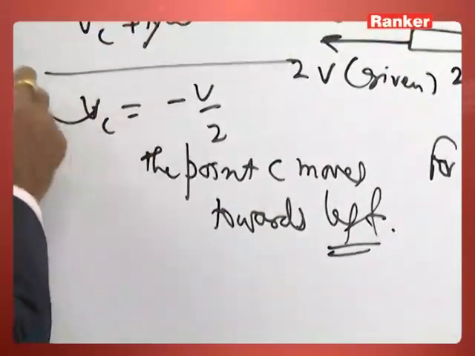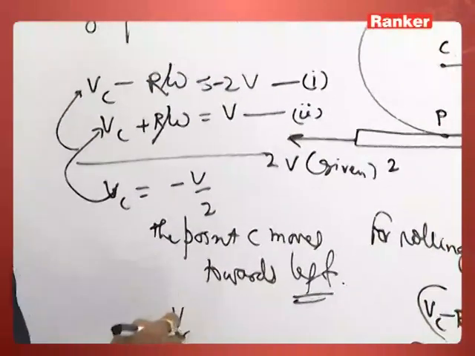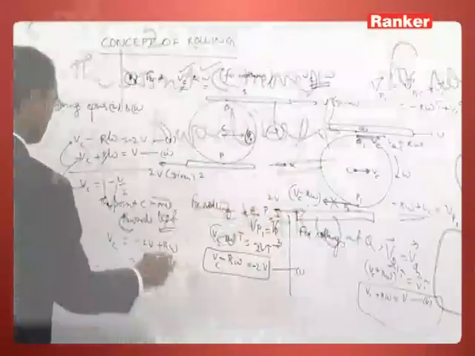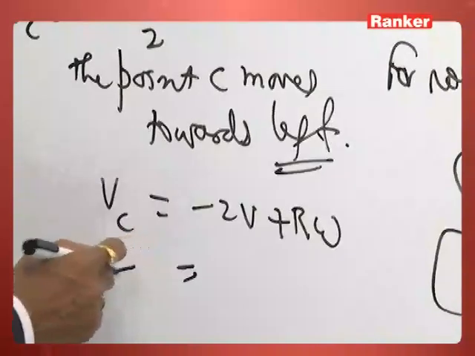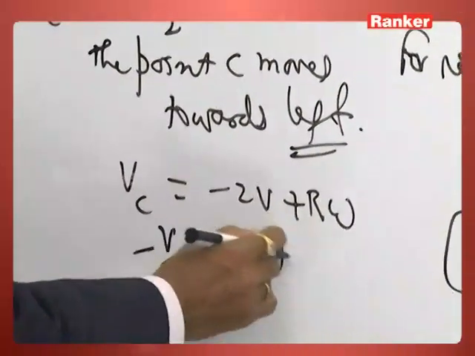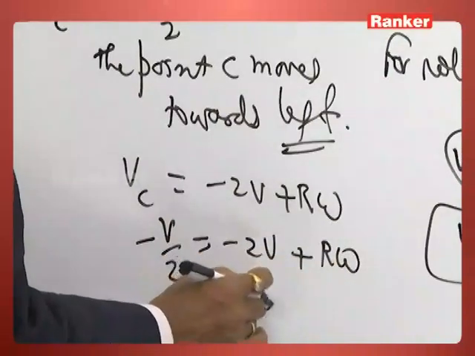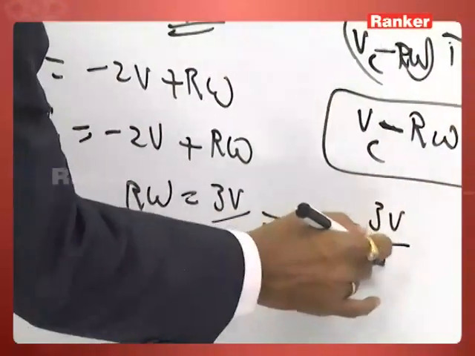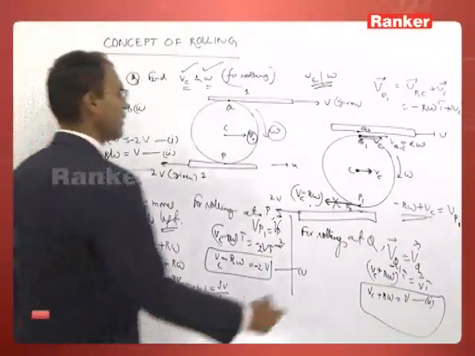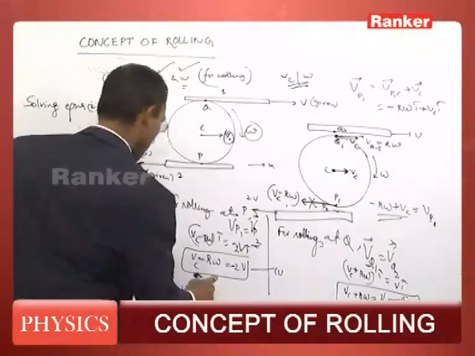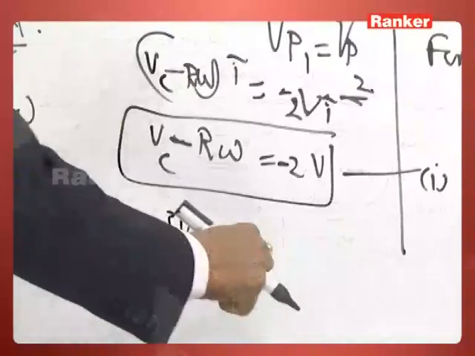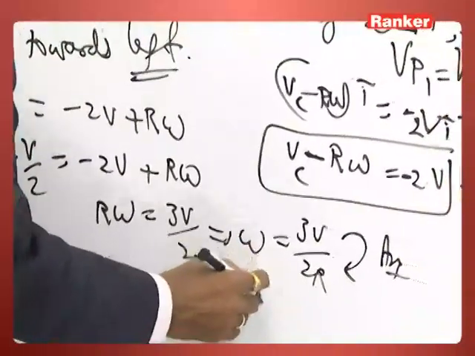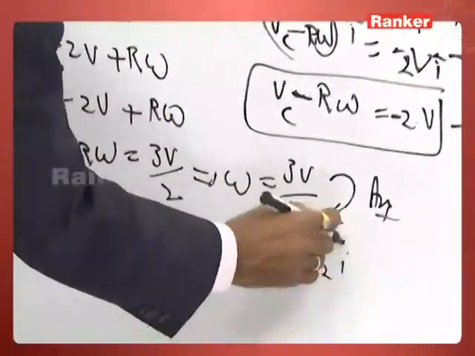Substituting Vc in either equation 2 or equation 1, Vc is equal to minus 2v plus r omega, or minus v by 2 is equal to minus 2v plus r omega. So r omega is equal to 3v by 2. So omega can be written as 3v by 2r. Since it is positive, our assumed direction of omega, which is clockwise, is correct. Therefore, it is a correct answer. And Vc is equal to minus v by 2 i cap, the answer.